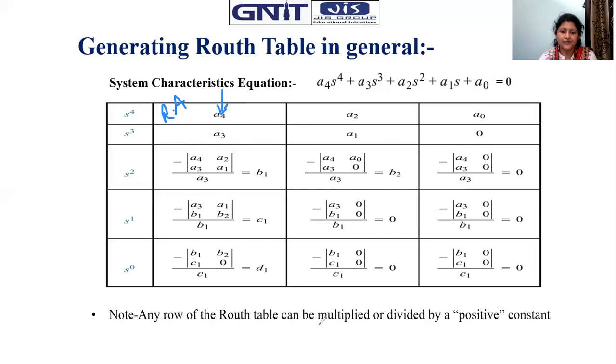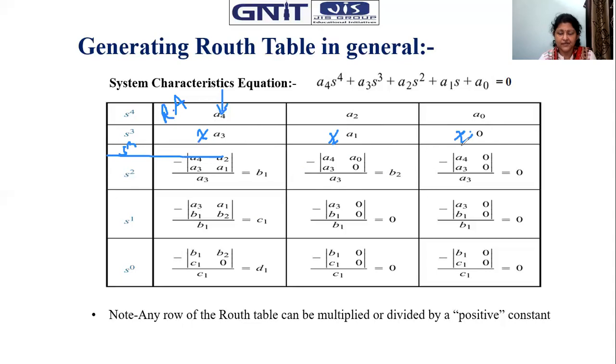Now, any row of the Routh table can be multiplied or divided by a positive constant. That means whenever the same constant is everywhere in the entries, say we repeat S to the power 3, S over 3, that may be divided or multiplied by some positive constant.